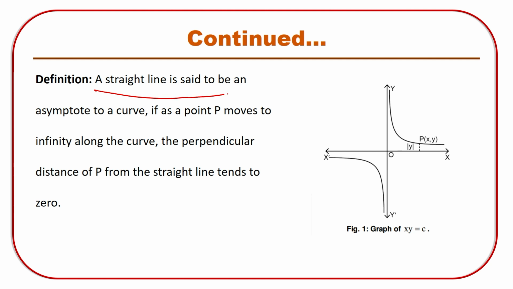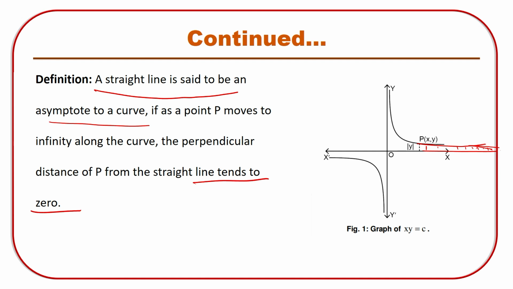A straight line is said to be an asymptote to a curve if, as a point P moves to infinity along the curve, the perpendicular distance from the straight line tends to 0. This is going to be much smaller, and it looks like at infinity they merge. So, that is the definition.